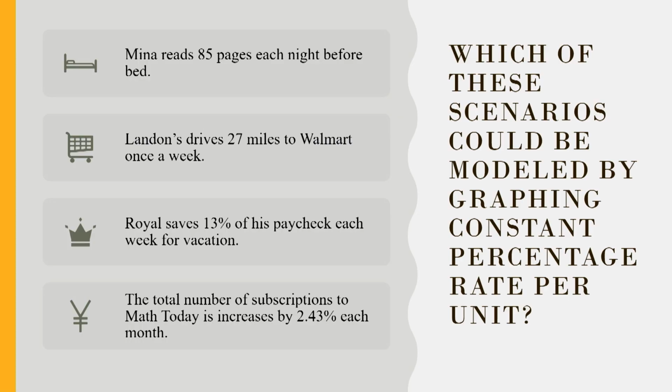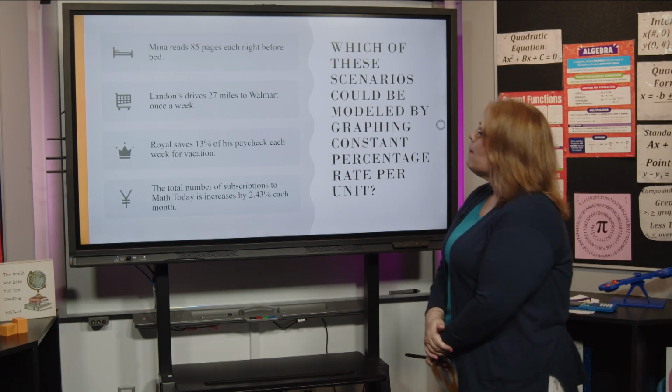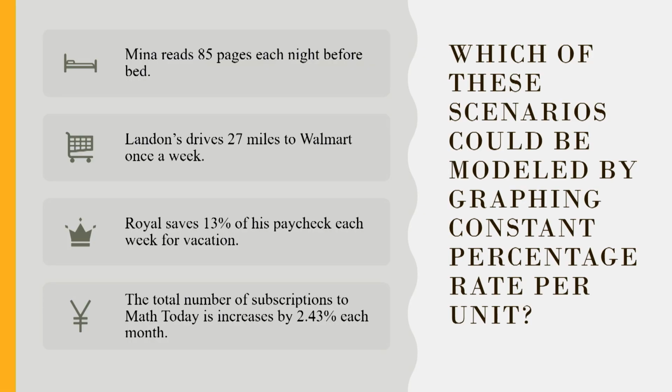All right, I'm going to read them first and then we'll see if they are changing by a constant percentage rate. Mina reads 85 books each night before bed. That's an important word. Landon drives 27 miles to Walmart once a week. Okay, 27 once a week.